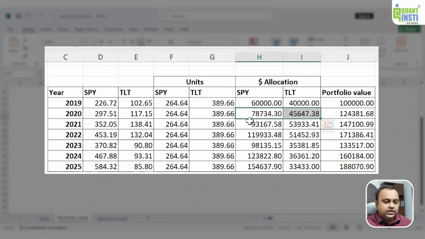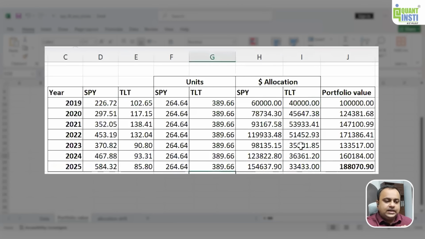Incidentally, since SPY has gone from 226.72 to 584, my SPY allocation, which begins at $60,000, becomes $154,637. Similarly, my TLT allocation, which was $40,000 in the beginning, becomes $33,433. So it has fallen a little bit.